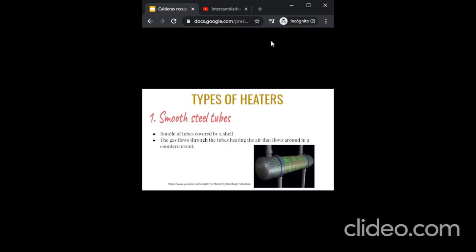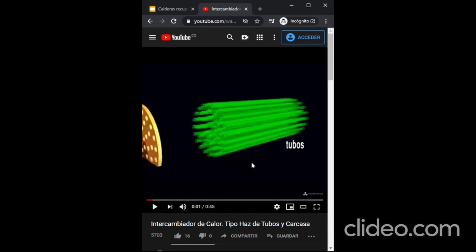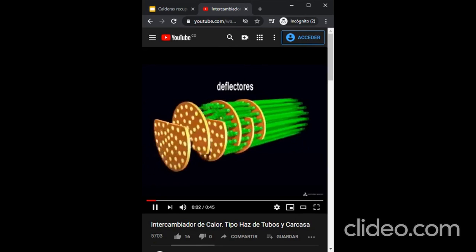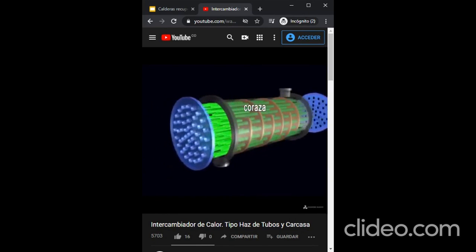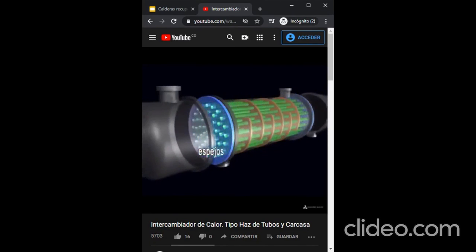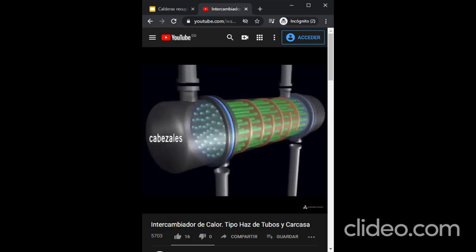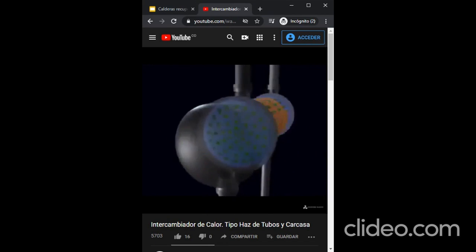In this part, the types of heaters. I'm going to explain this type of exchanger to you through a video. The tubes are located and divided among themselves through deflectors so that there is no contact between them.